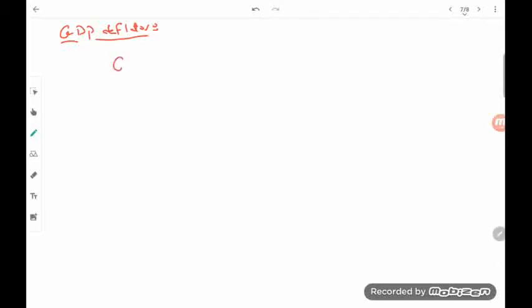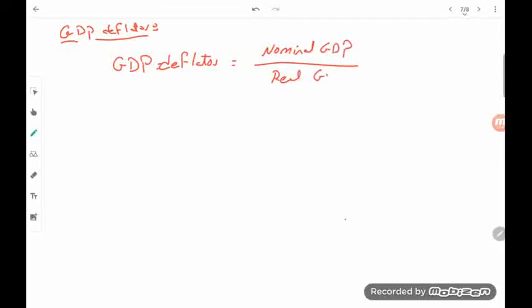So GDP deflator is calculated as nominal GDP divided by real GDP multiplied by 100.